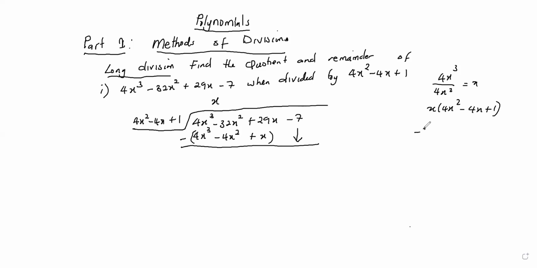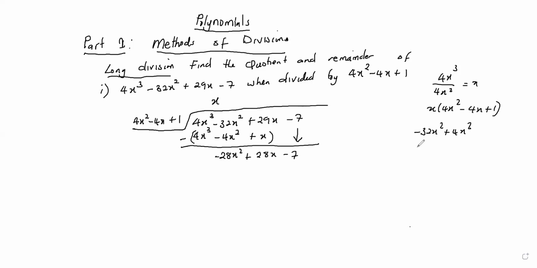And then we have minus 32x squared minus minus, which becomes plus 4x squared. So we're going to do 32 minus 4, and then consider the minus for the answer because 32 is the one that has a negative. So there we are getting a minus 28x squared, and then plus 29x minus x, that's 28x, and then minus the 7 that just drops down.